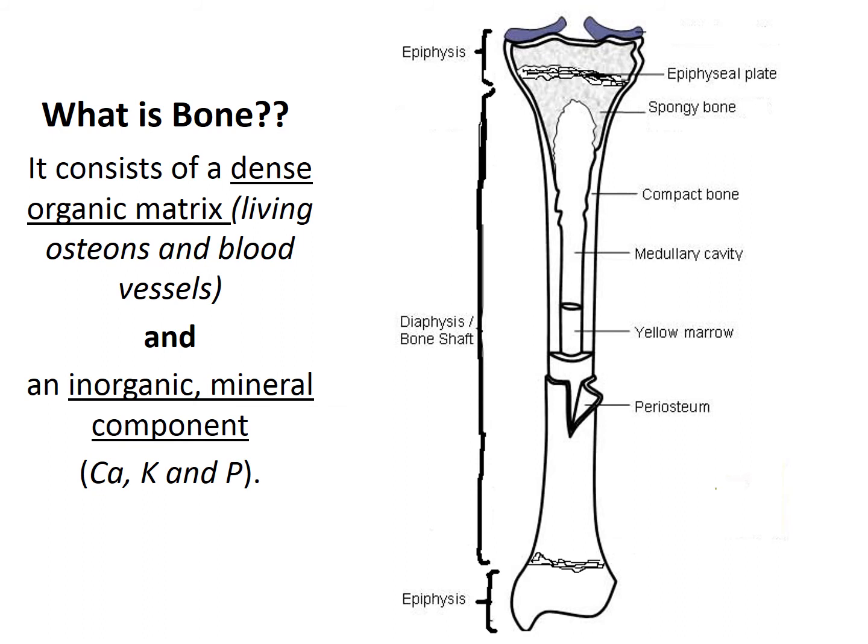And we've got several different parts. Going top to bottom here, we've got the epiphyseal plate, which is your growth plate, the spongy bone, the compact bone, the medullary cavity, yellow marrow, and then on the very outside is the periosteum.